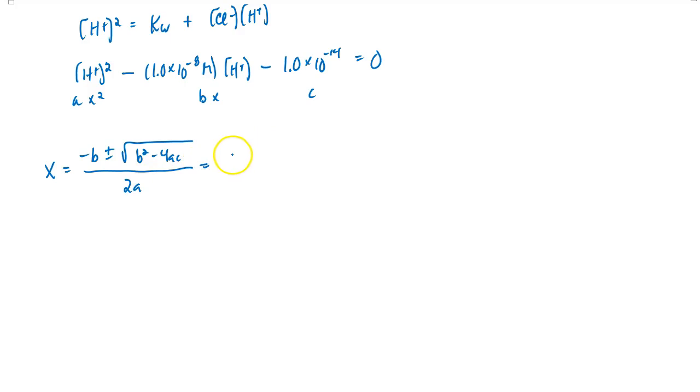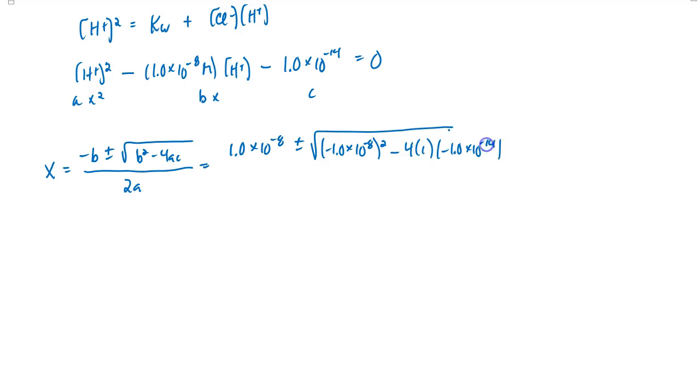So negative b would be 1.0 times 10 to the negative 8th plus or minus the square root of b squared. That's negative 1.0 times 10 to the negative 8th squared minus 4. A is just 1. C would be negative 1.0 times 10 to the negative 14th, all divided by 2, because A is just 1.